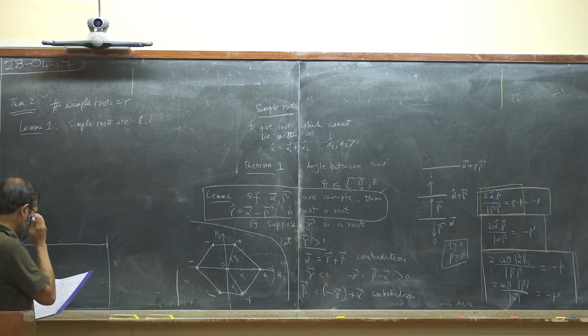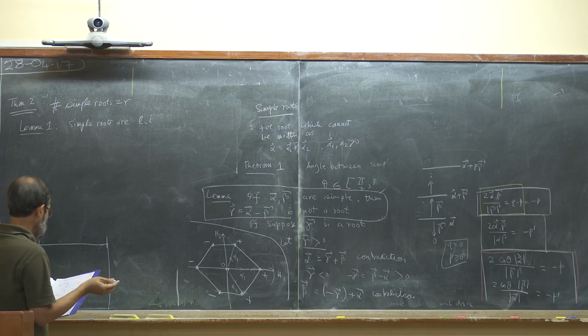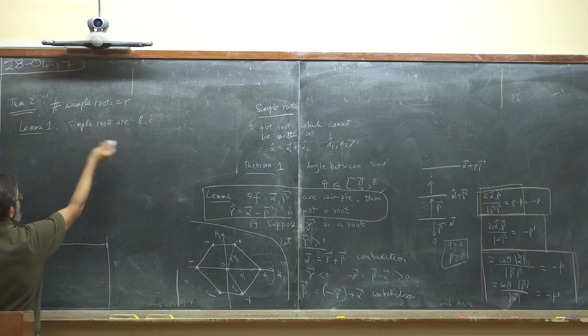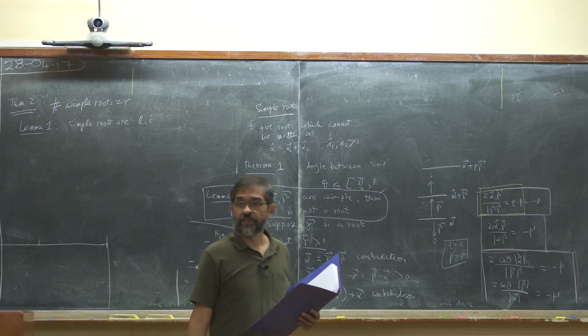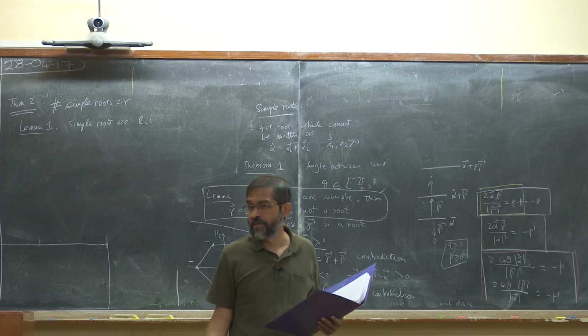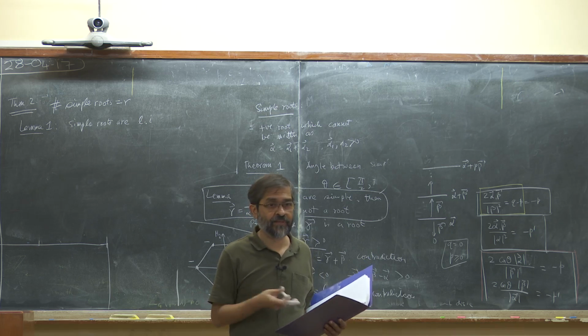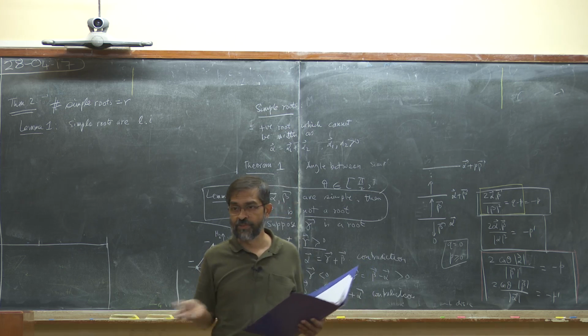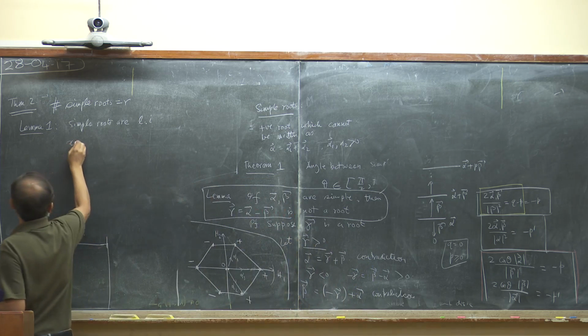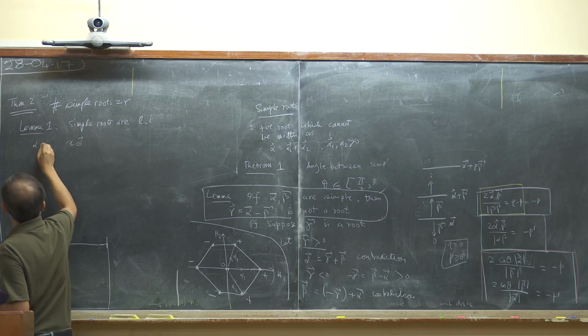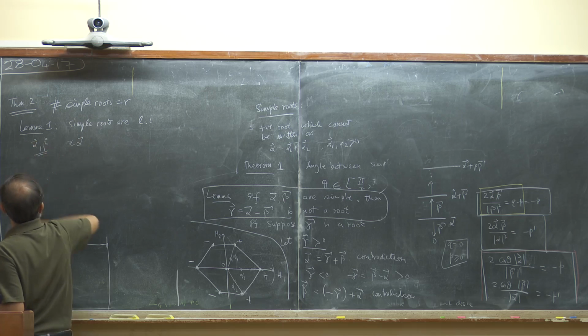For example, if you have 2 simple roots, then of course they are linearly independent, because if some linear combination of alpha and beta is equal to 0, but simple roots are positive, so therefore, it's for two guys, alpha and beta, they are of course linearly independent.